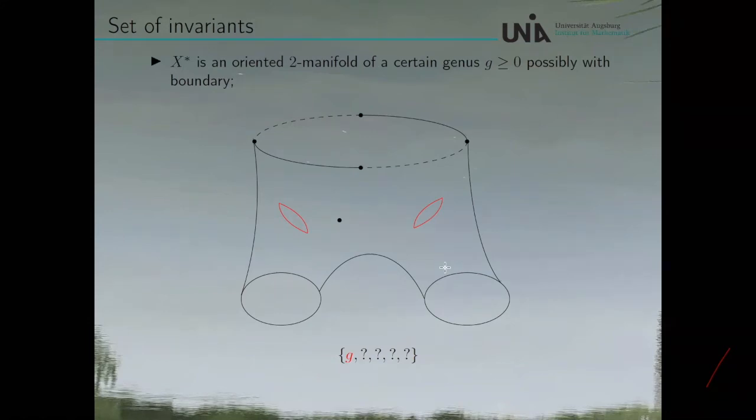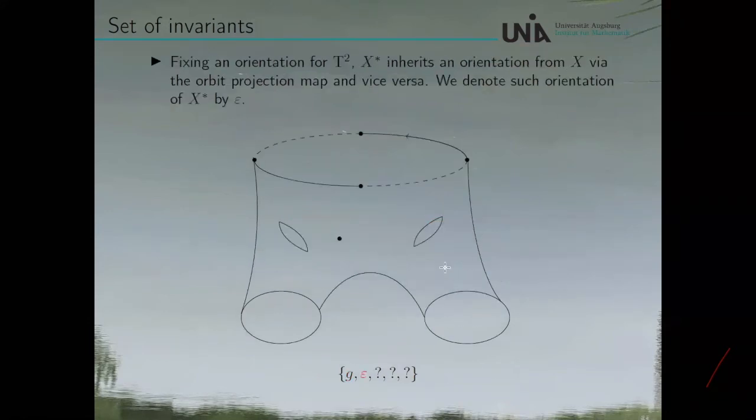And then if I fix an orientation for T2, and we have an orientation for X, then via the projection map, we get an orientation for X star. So the second weight is the orientation.